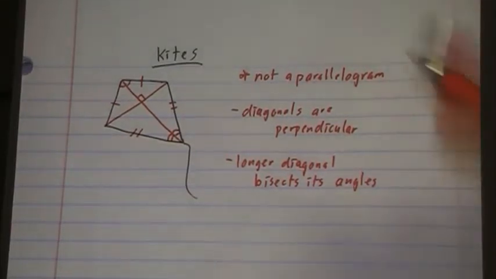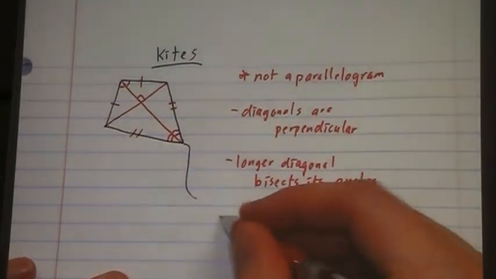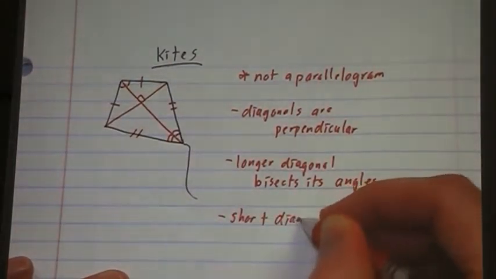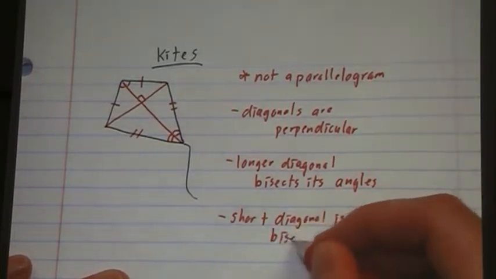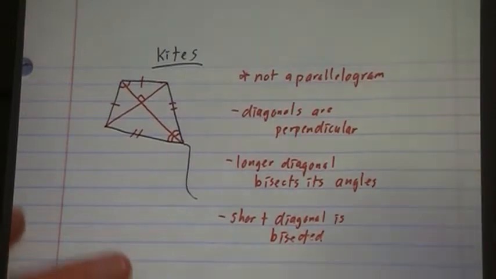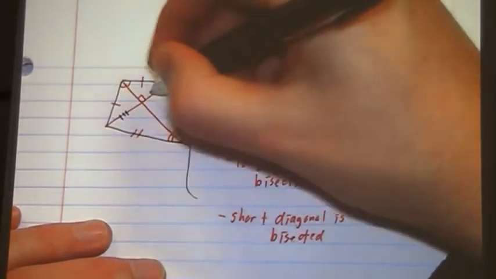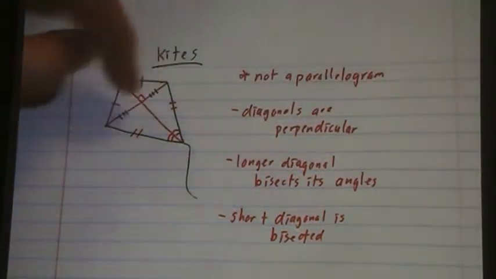The other thing that this long diagonal does is it bisects the short diagonal. So that means that short diagonal is cut in half.